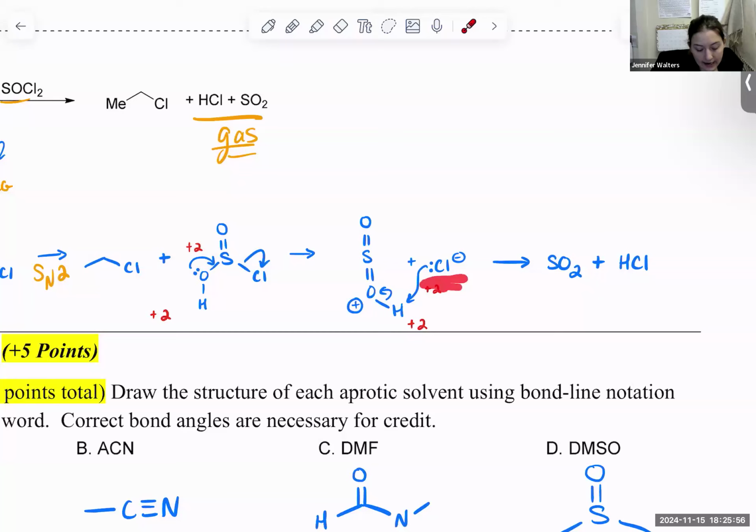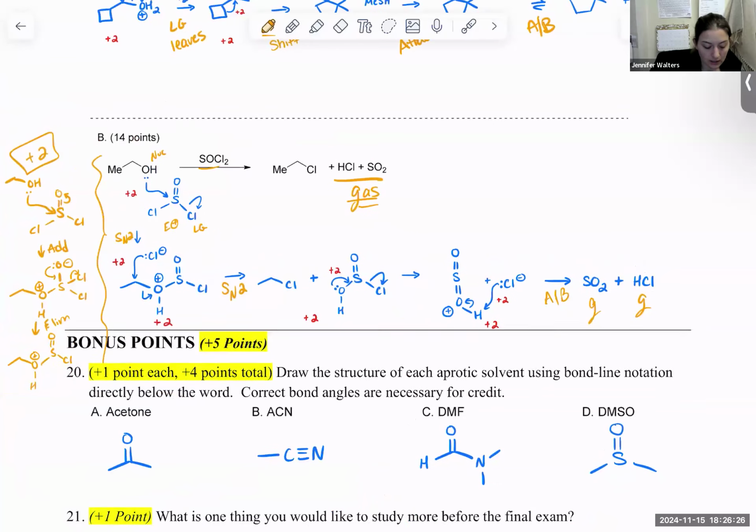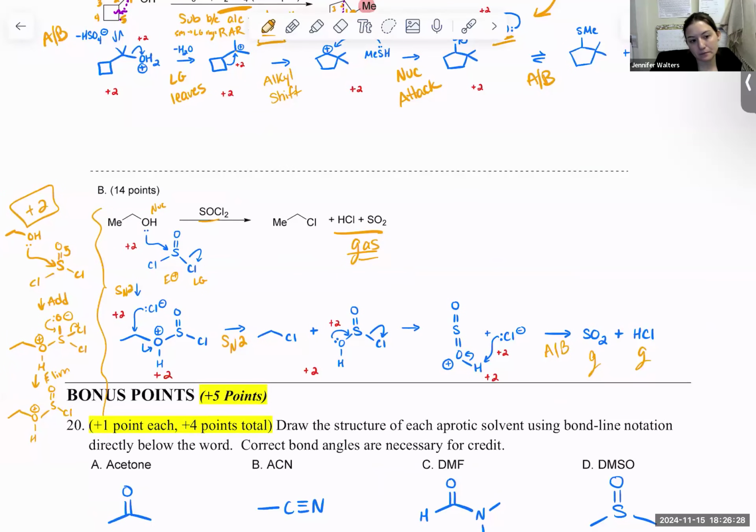And then that chloride, I tried to emphasize, is the only time we will ever use our conjugate base of a strong acid as a base. And that's because there's literally nothing else around. That's my only option. And I need to make hydrochloric acid gas. So that's why chloride here is acting as our base to do that final deprotonation irreversibly, because these are making gases. Any questions about B?